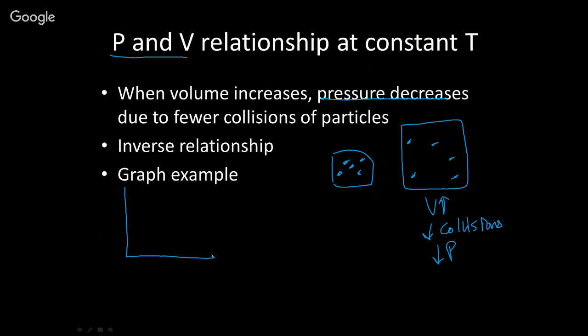Graphically, we would see it in this manner. Pressure against volume, we see a negative slope. As the volume increases, the pressure decreases. So that means if we were to double the volume, we would expect that our pressure would go down in half.